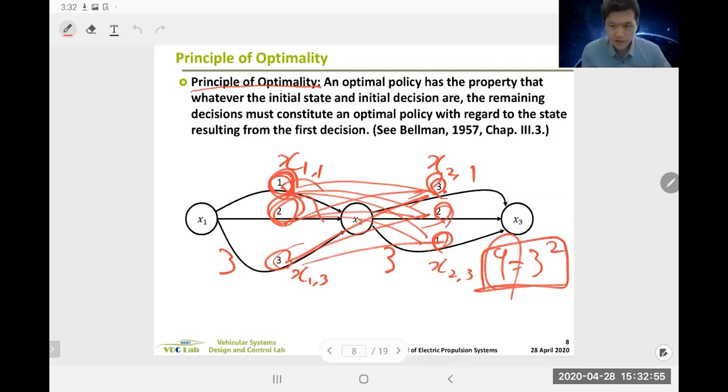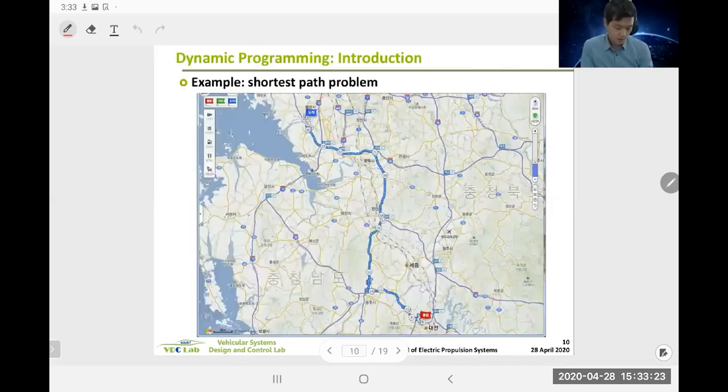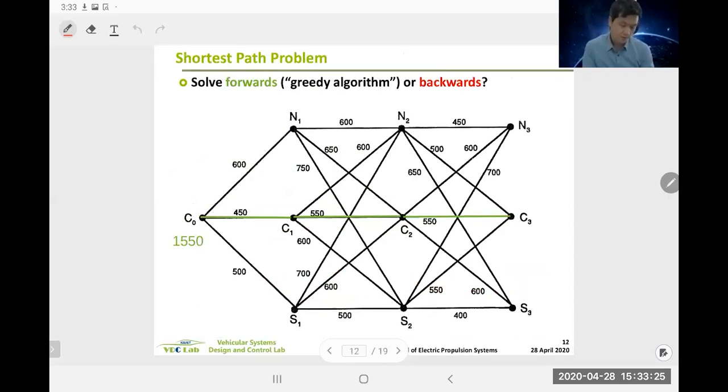For a large problem, enumeration was unsolvable, right? But if this was taking, I don't know, 1 month, then if you use DP, maybe you can do it in 1 day, right? So it's so much more efficient than simple enumeration. But anyway, let's take a look at this example, okay?